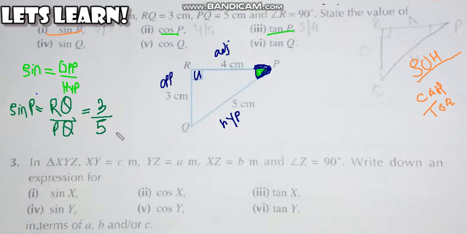You can keep your answers in up to this level, or you can change it into a decimal form by dividing it. So after dividing 3 upon 5 we are getting 0.6. So either you can calculate the answer in decimal form, or you can leave the answer in the fraction form. So this was how we are going to calculate the sine of P.